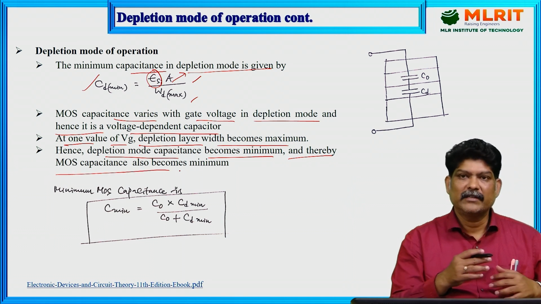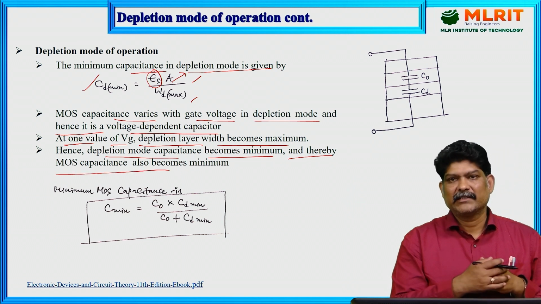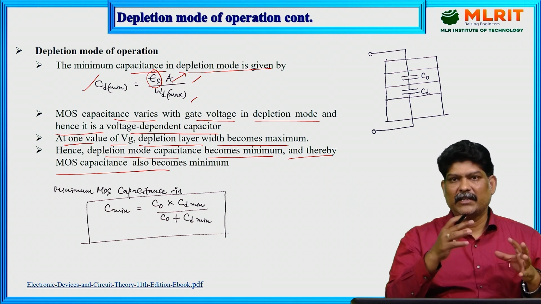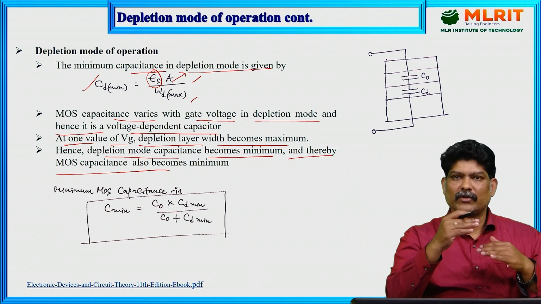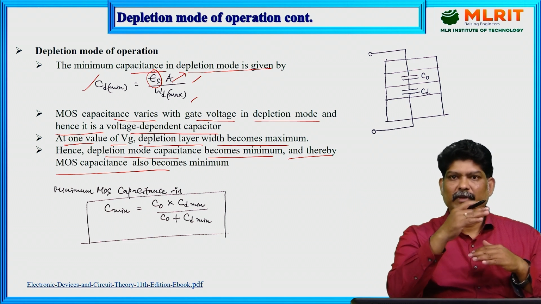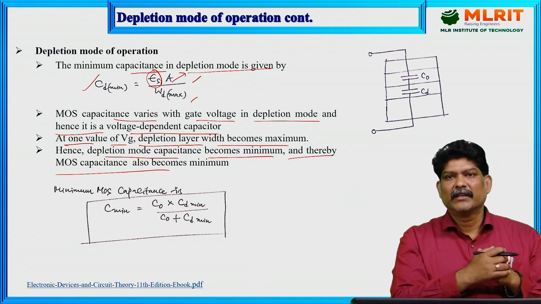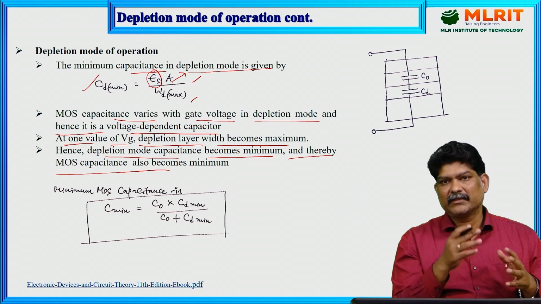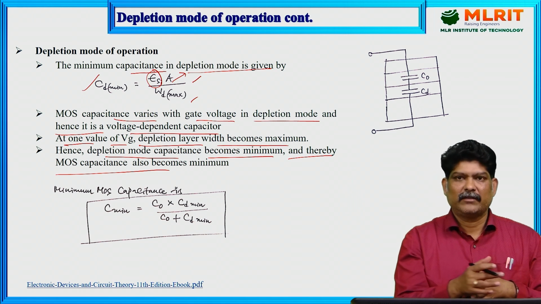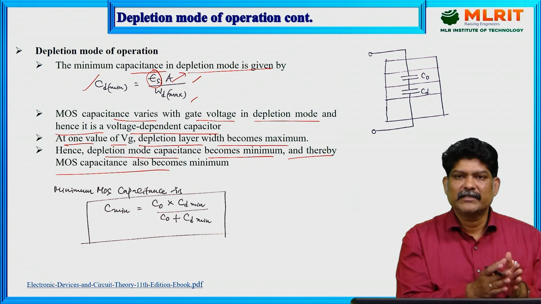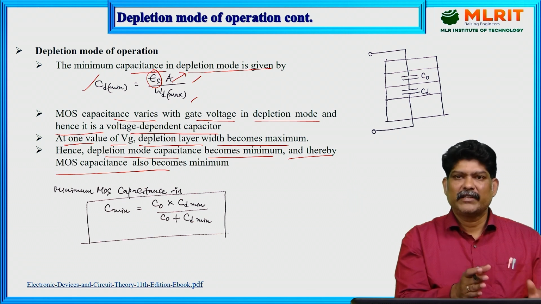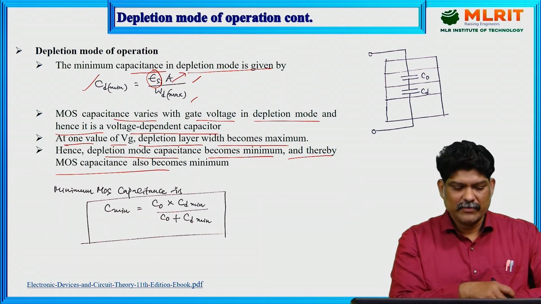As the negative gate voltage increases, the immobile charge increases, and then there is an increase in the depletion width. When it increases, that reduces the capacitance. Depletion capacitance decreases, and when depletion capacitance decreases, obviously your MOS capacitance also decreases.